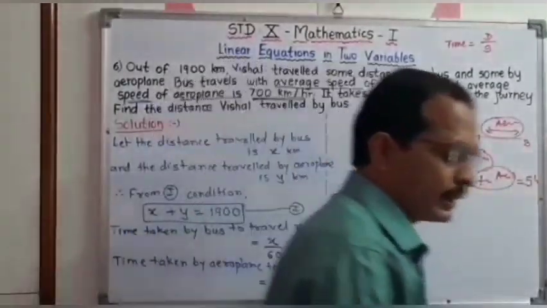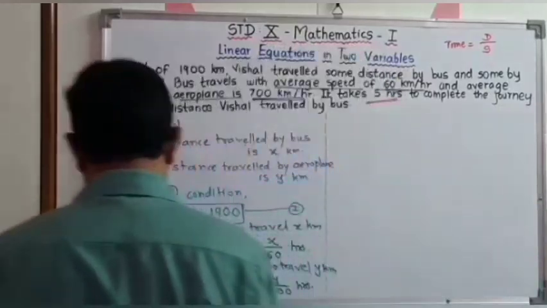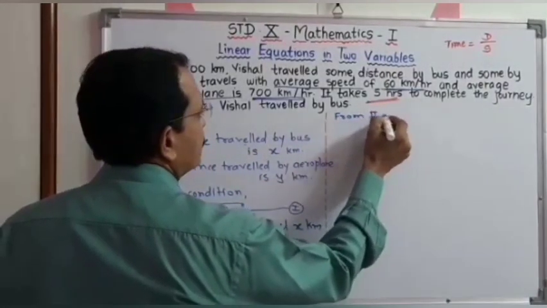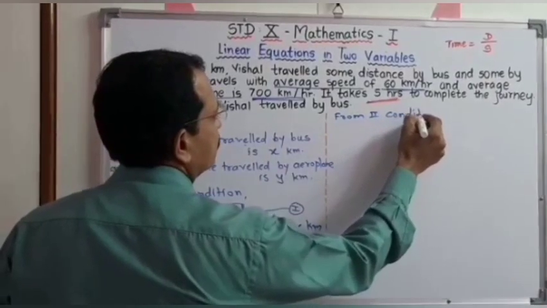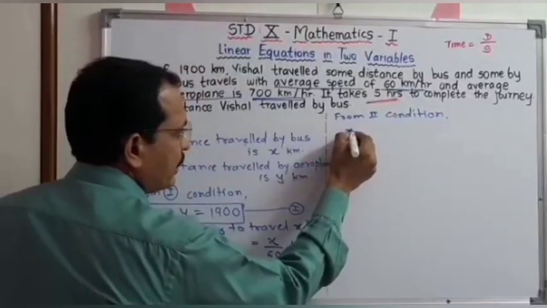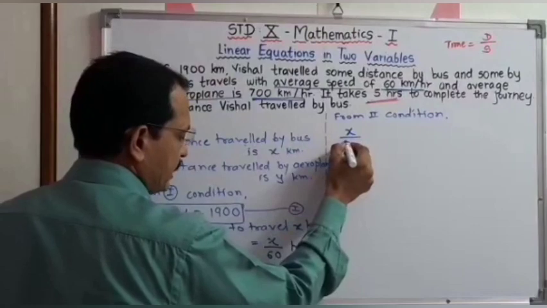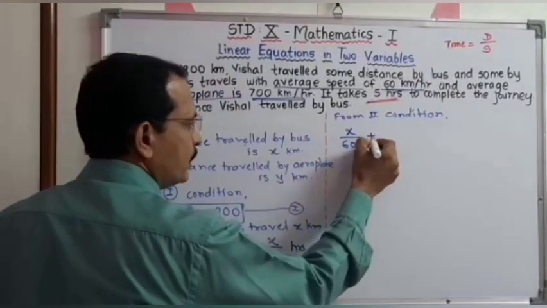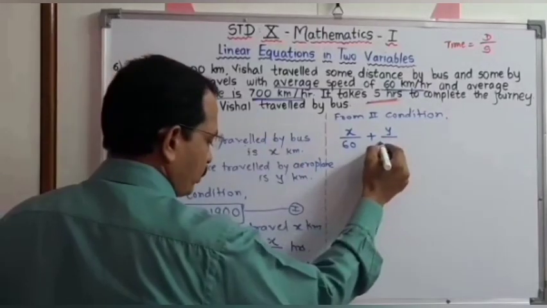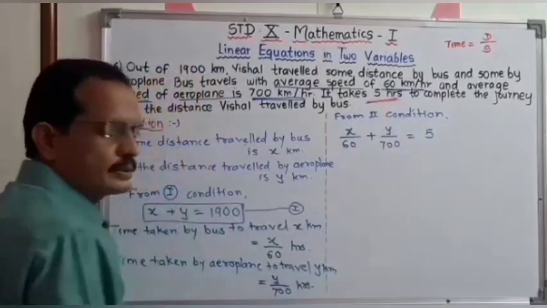Therefore from the second condition we can frame the second equation. We got time taken by bus to travel x kilometer is x upon 60 plus time taken by aeroplane y upon 700 is equal to 5 hours.